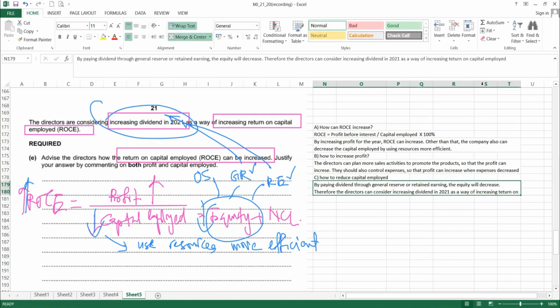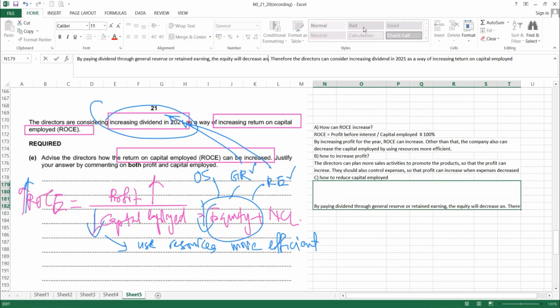Okay, so let me add some more points for it. By paying dividend through general reserve or retained earning, the equity will decrease, and capital employed will decrease.